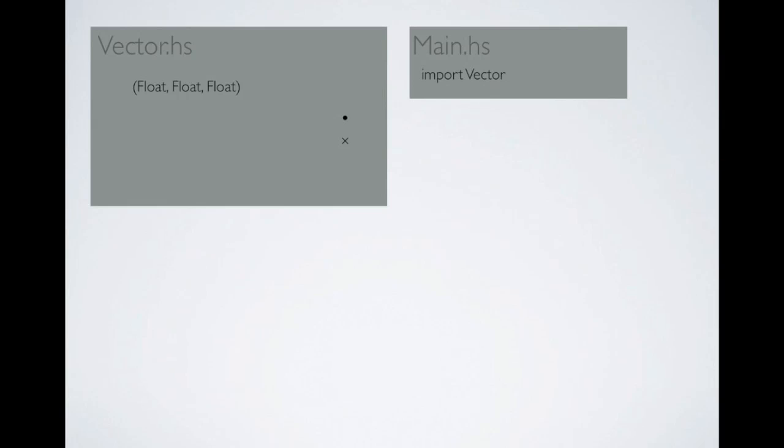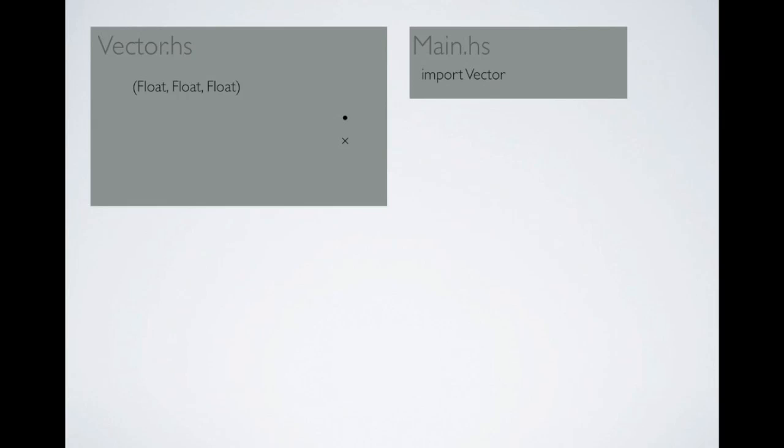Given 2 3-tuples, you have operators for the dot product and the cross product of these vectors.